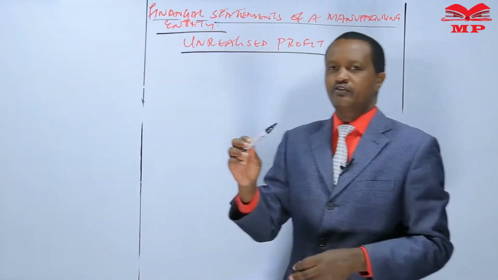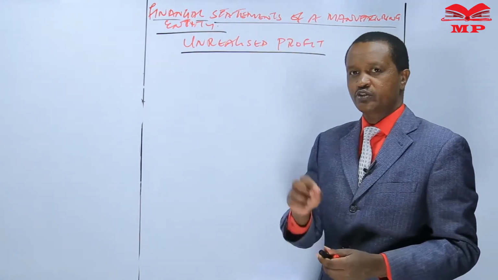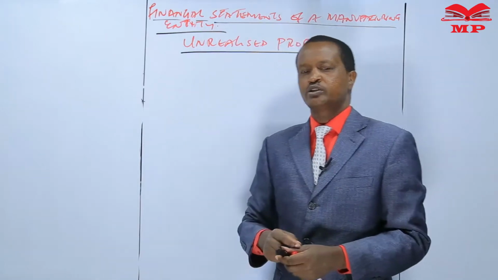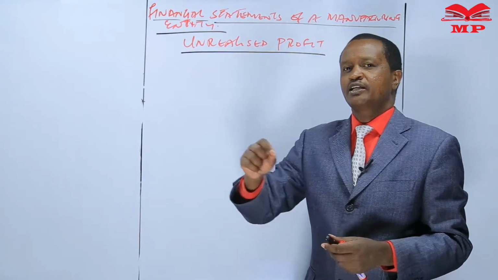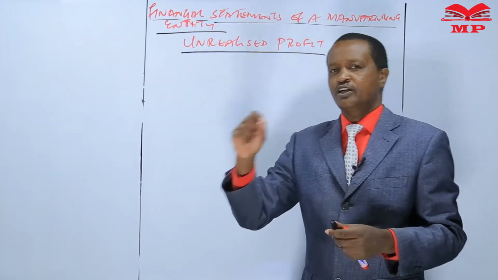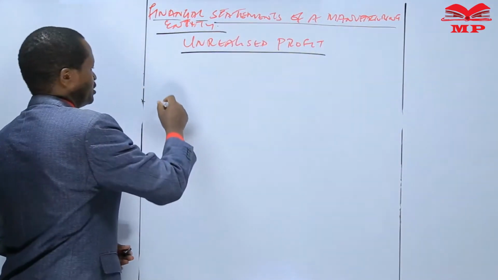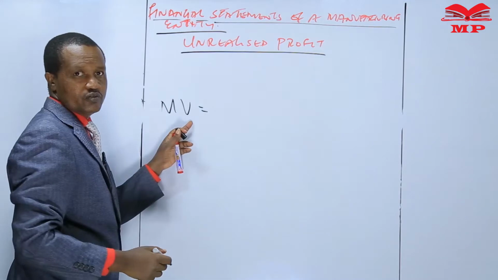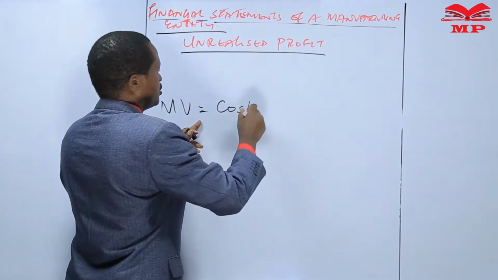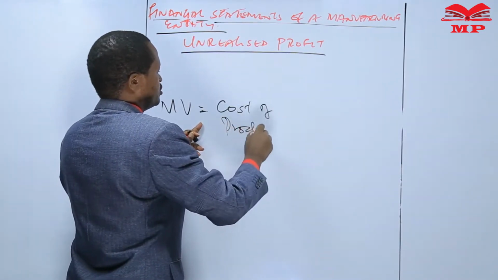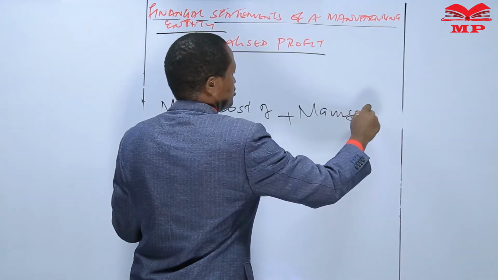When a manufacturing firm releases its finished goods from the factory to the warehouse at the market price, at the market value, the market value of goods is equal to the cost of production plus the manufacturing profit.